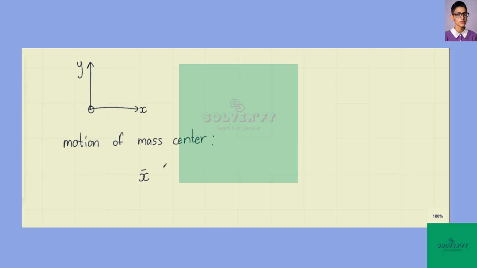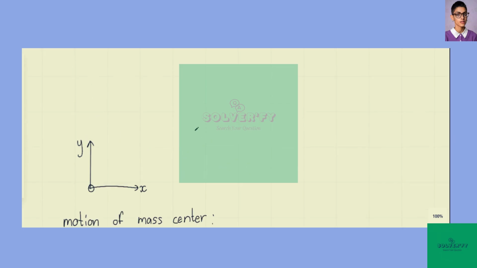The x component of the mass center, x bar, is equal to the point at which the explosion happens, xe, plus the velocity of the center, v bar x, times time t. And this is equal to 0 since the rocket is moving vertically upwards.